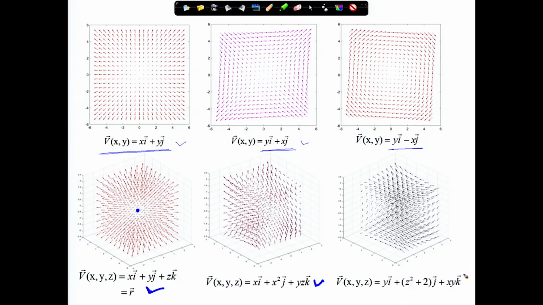Also here is another complicated vector field, y i plus z square plus 2 j plus x y k, this is the form of the vector field, and you can see that some sort of flow is going on from one point to another point in certain directions.